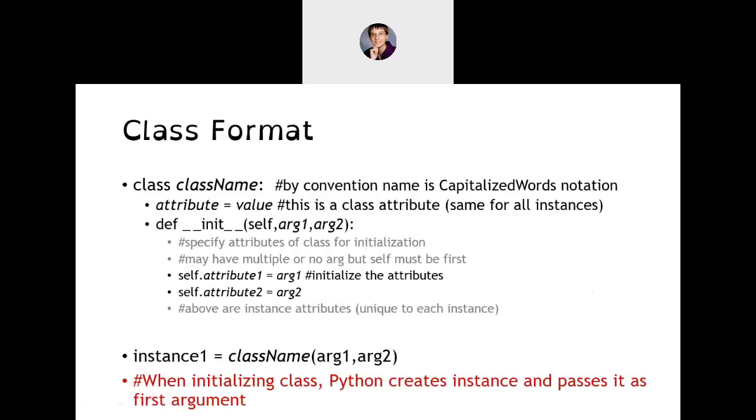Right, so the format when we're creating a class, which I broke the convention, that's really a great way to show the example here. By convention, we want to use a capitalized word when defining the name of the class.